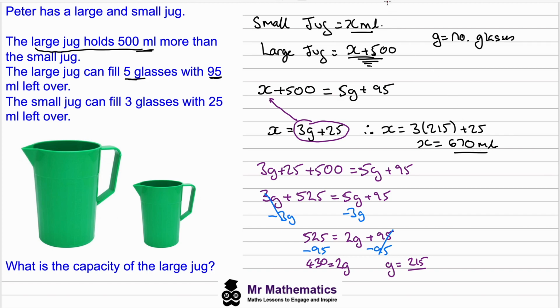So finally, the capacity of a larger jug, well, we'll substitute this value of X into here. So the large jug will be 670 plus the 500, which gives us 1,170 milliliters. Or we could have said 1.17 liters.